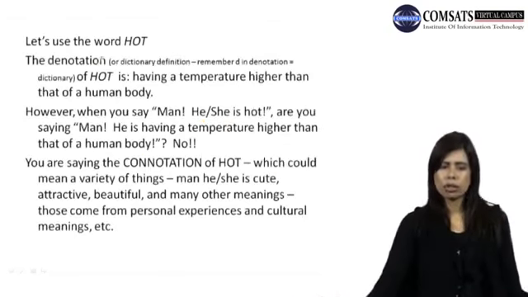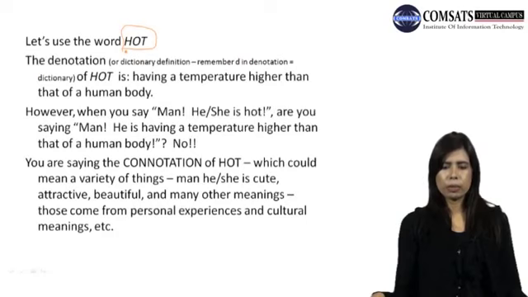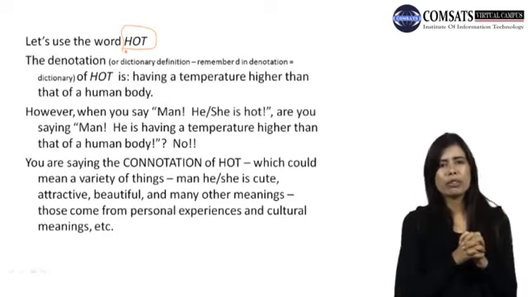Let's use the word hot. The denotation, or dictionary definition, of hot is having a temperature higher than that of the human body. So here, my dear students, you can see the meaning of the word hot.